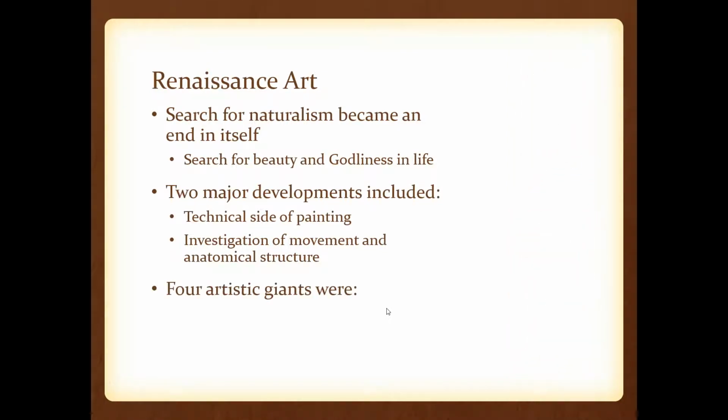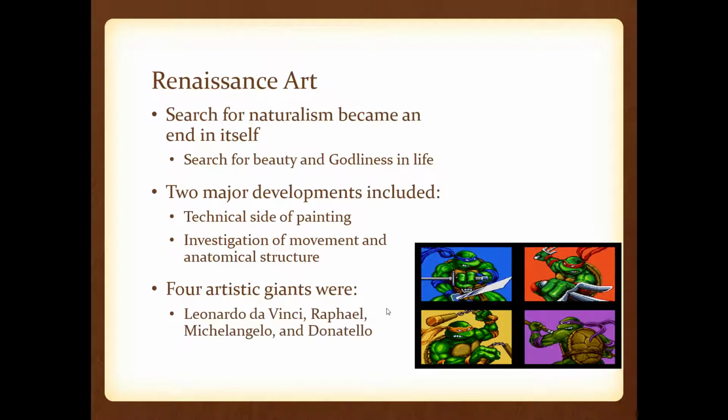And so Renaissance art is looking at the natural world. It's looking at human beings as they are, not really looking at the divine. And it is naturally changing, starting with the greats in the Italian city-states, the four artistic giants that we all know of: Leonardo da Vinci, Raphael, Michelangelo, and Donatello.